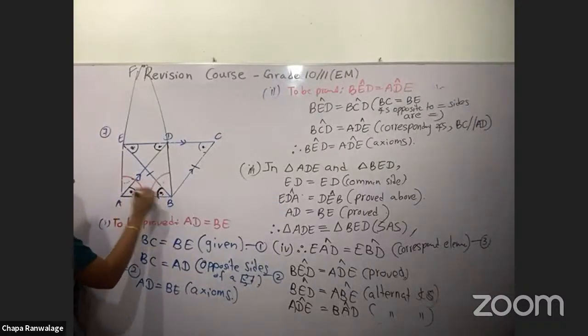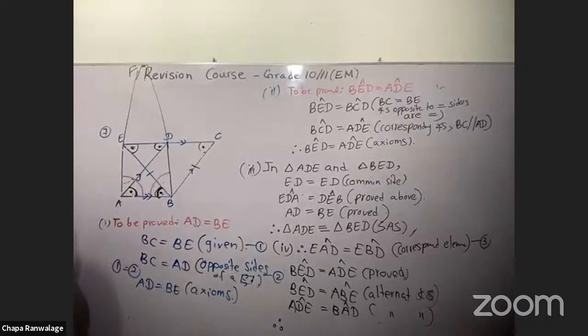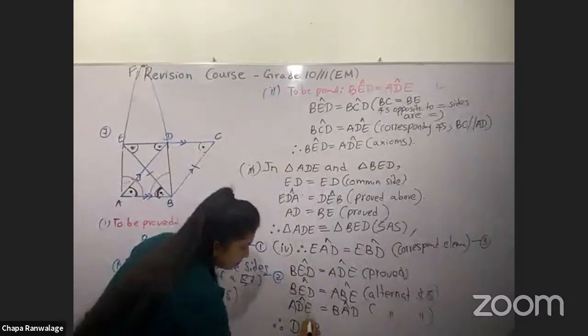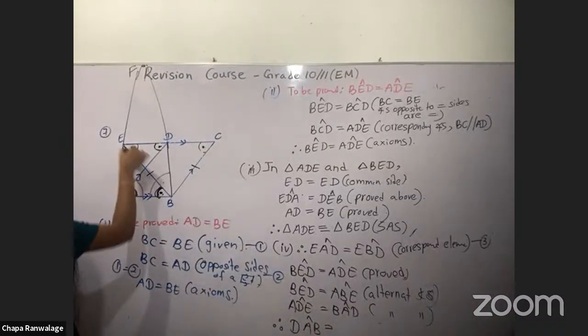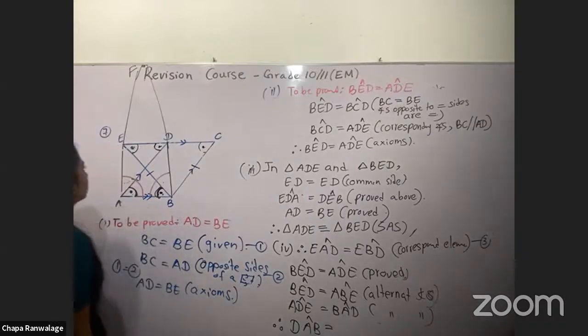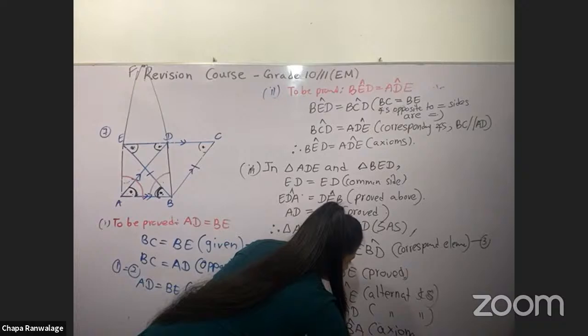Therefore these two are also equal. Therefore DAB equals EBA. Sorry? EBA.